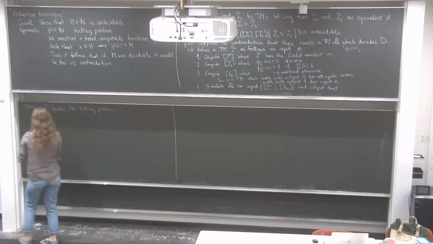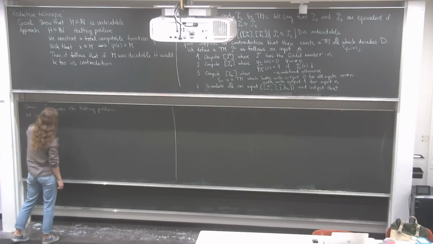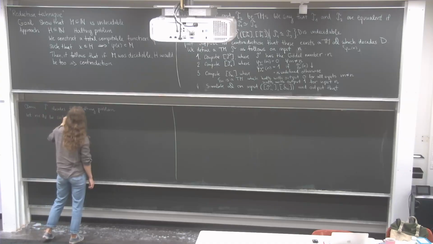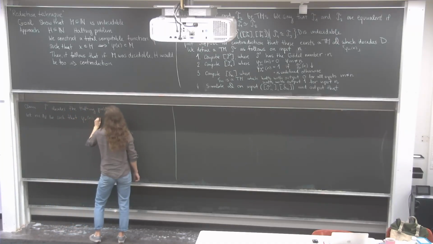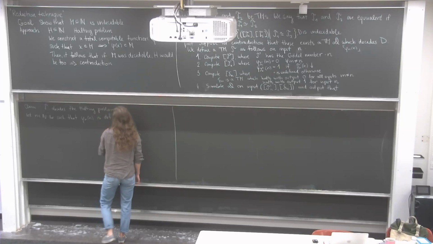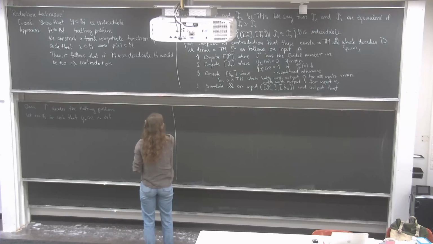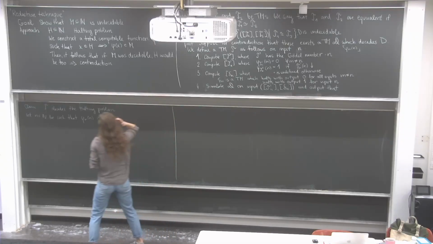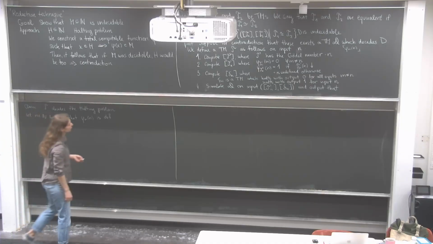So let n be such that phi n on n is defined, aka n is in H. Then what happens?